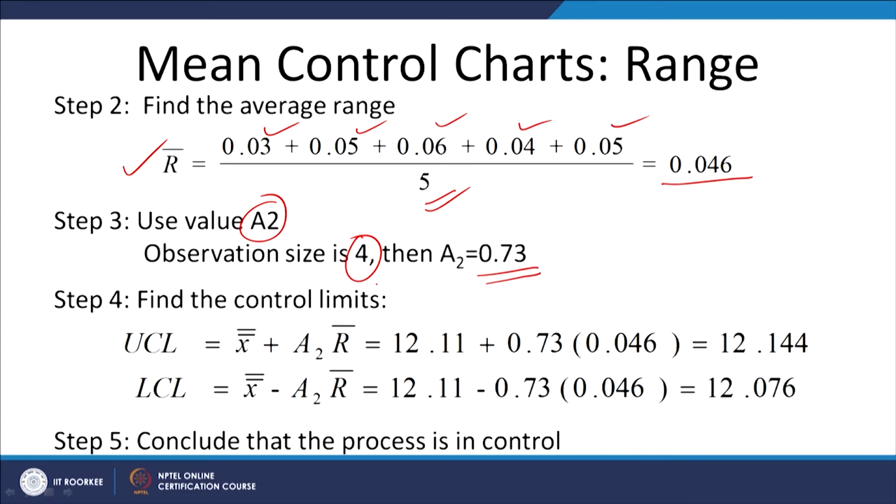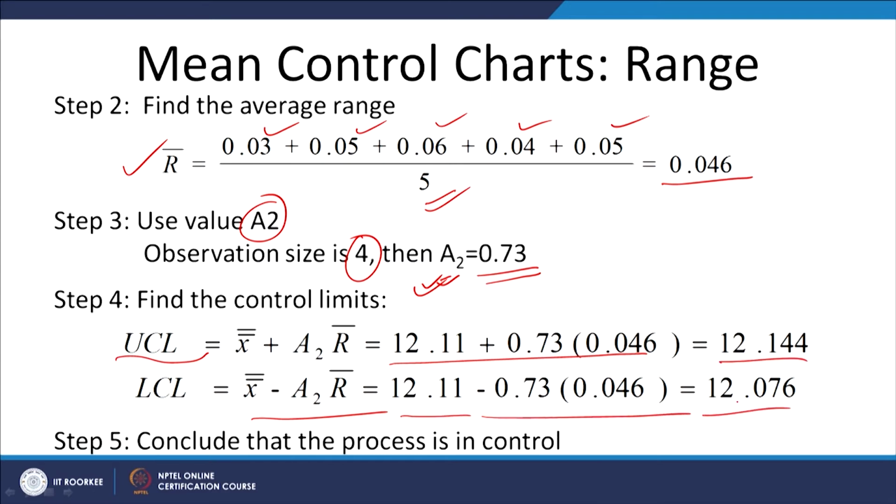Based on the sample size 4, the coefficient A2 is identified, and then the upper and lower control limits are calculated. Upper control limit is x double bar plus A2 into R bar, and lower control limit is x double bar minus A2 into R bar, and we will have to put in the values and then calculate the upper and lower control limits.